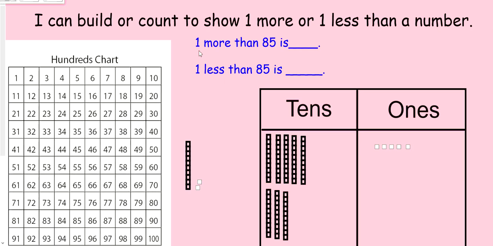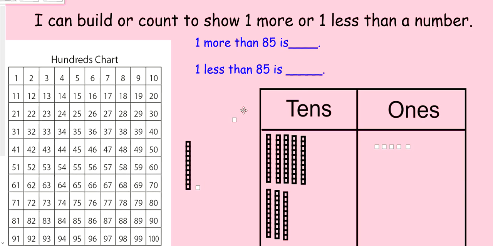I want to show one more than 85. If I want to show one more, do I put more on or do I take away? I put more on. To show one more than 85, do I put a 10 or do I put a 1?